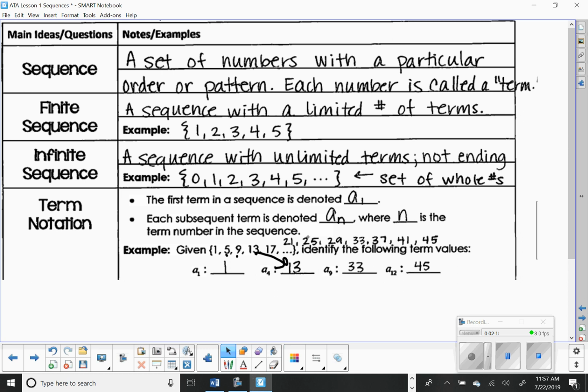So all I did up here is extend my sequence, keeping my pattern going up by 4s, and then I was able to figure out a sub 9. 1, 2, 3, 4, 5, 6, 7, 8, 9. There's the 9th term. And then 9, 10, 11, 12. And there's the 12th term. So that's all you're doing. It's not hard.